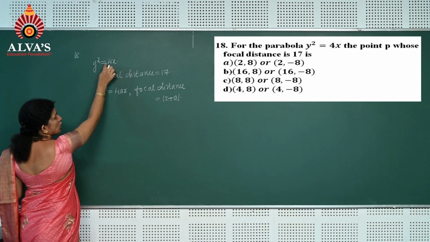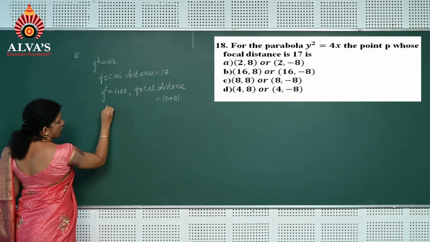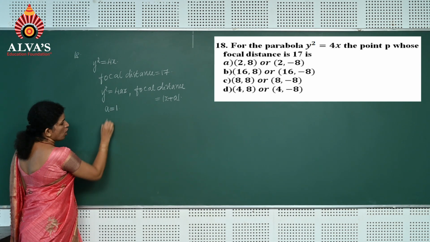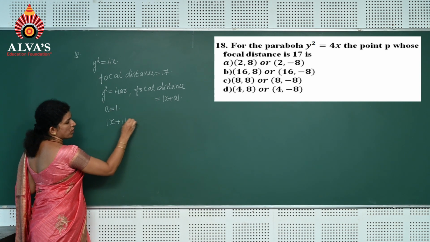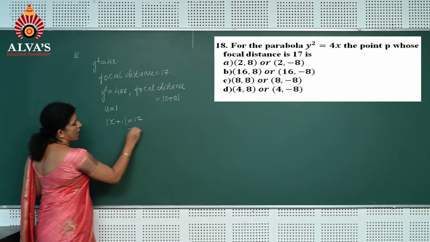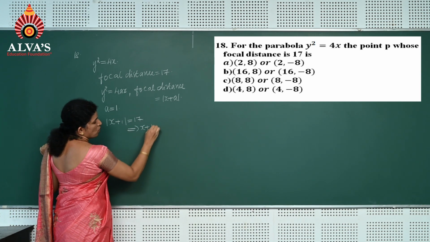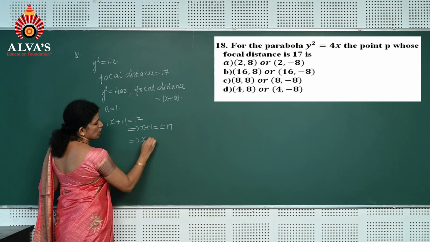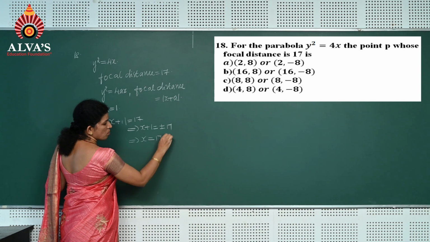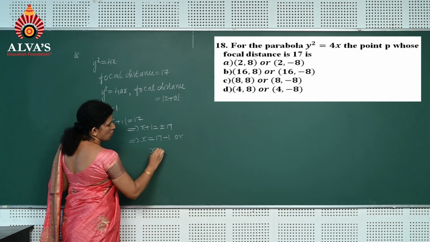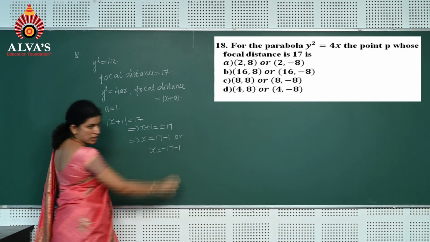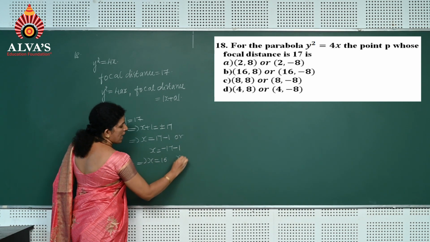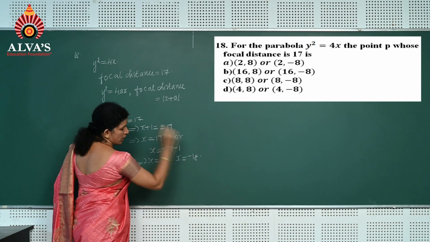So, comparing to this given equation, you can see that a takes the value 1. So, mod x plus 1 equal to 17, and x plus 1 equal to plus or minus 17, that is x equal to either 17 minus 1 or x equal to minus 17 minus 1, that is x equal to 16 or x is minus 18.